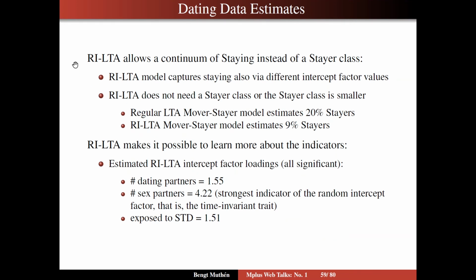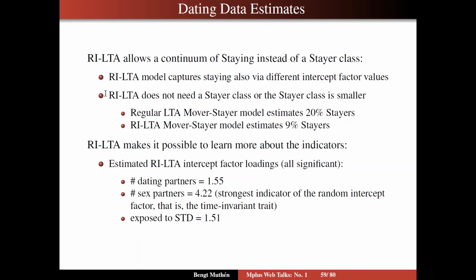And here again, as for the mood data, we pointed out that RI-LTA allows a continuum of staying instead of the stayer class. The RI-LTA model captures staying also via different random intercept factor values. You can actually take a look at the data and see who are the stayers and compute the estimated factor scores for those to verify that the intercept factor values are either very low or very high.